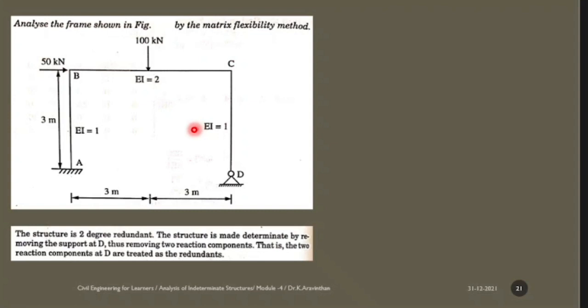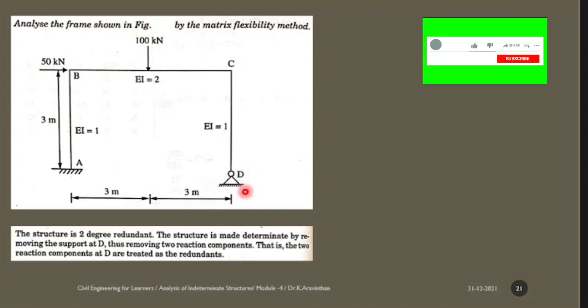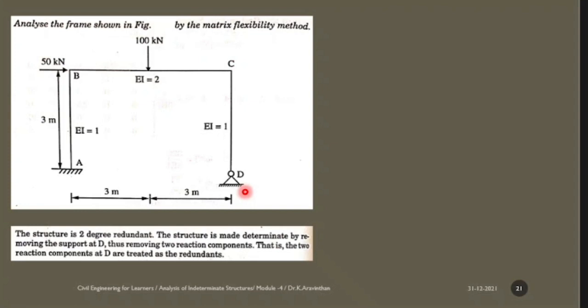How many support reactions are there? There are 3 reactions at the fixed end and 2 reactions at the hinged end. So your total reactions will be 3 plus 2 is 5, and you have 3 equilibrium equations. If you subtract that, you will get 2 as the redundancy.